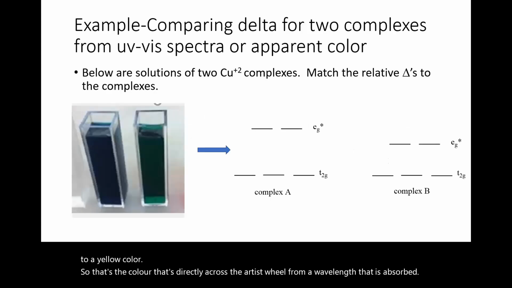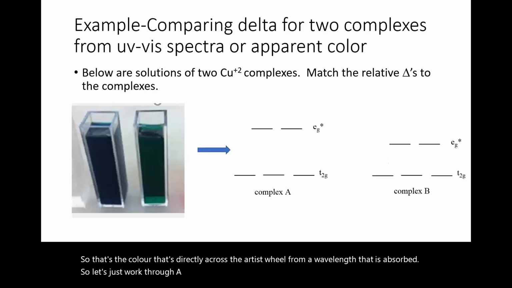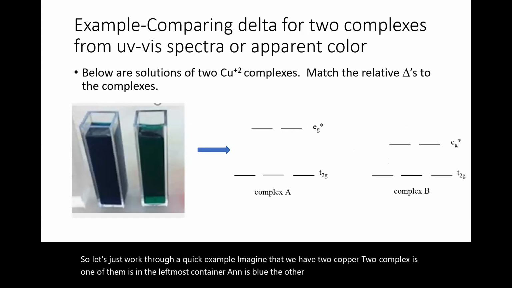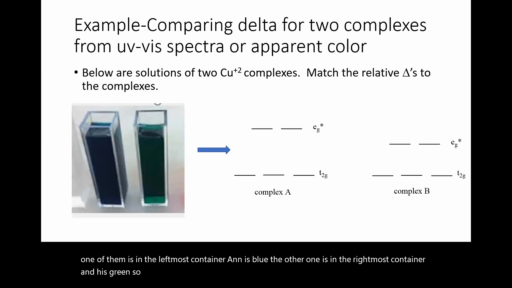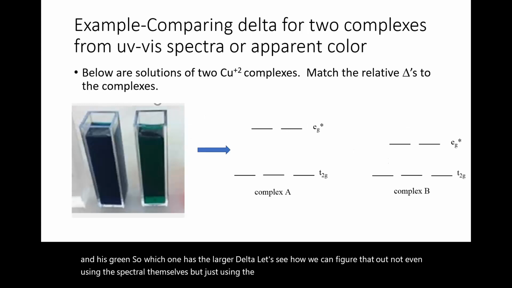So let's just work through a quick example. Imagine that we have 2 copper-2 complexes. One of them is in the leftmost container and is blue. The other one is in the rightmost container and is green. So which one has the larger delta? Let's see how we can figure that out, not even using the spectra themselves, but just using the colors and the color wheel.